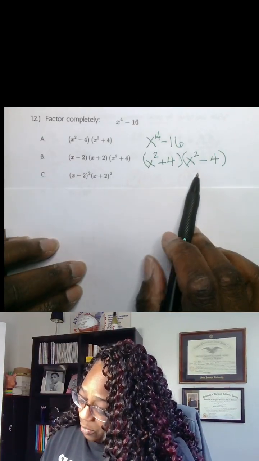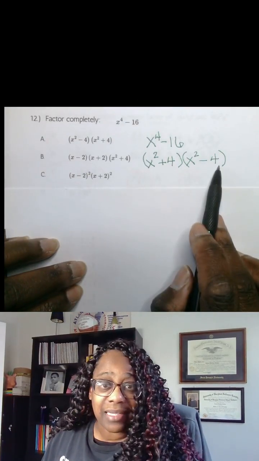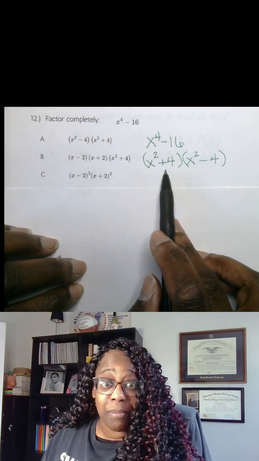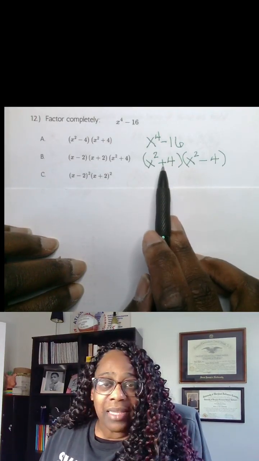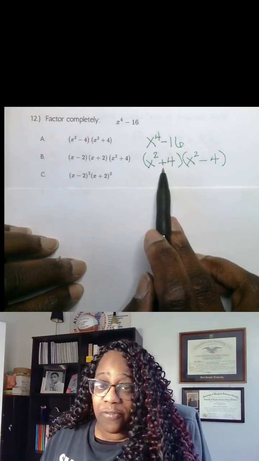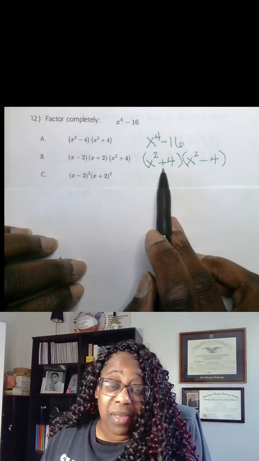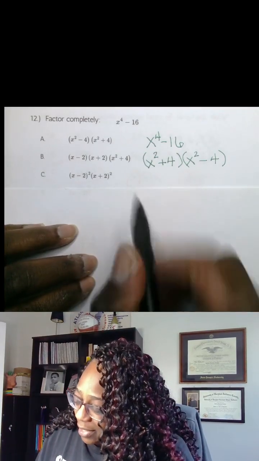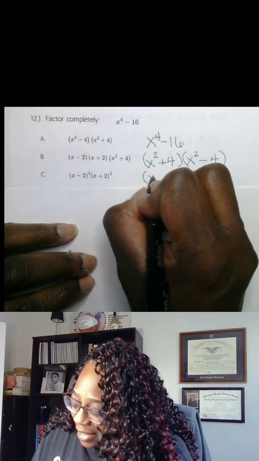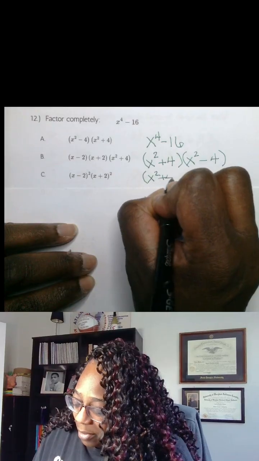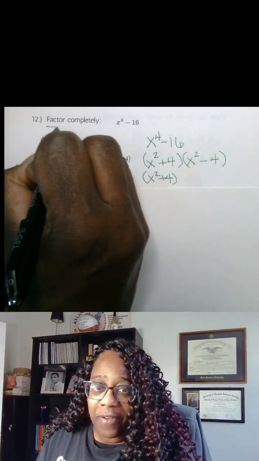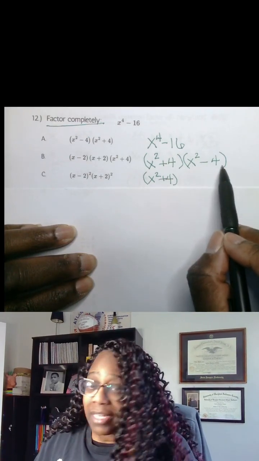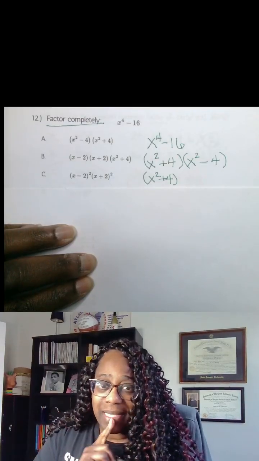I know that the difference of squares we can break down. This x squared plus 4 can't be broken down because we don't have anything called the sum of squares, not at this level. So this is going to stay exactly the same, because remember the direction says factor completely. So this x squared minus 4 can be broken down.